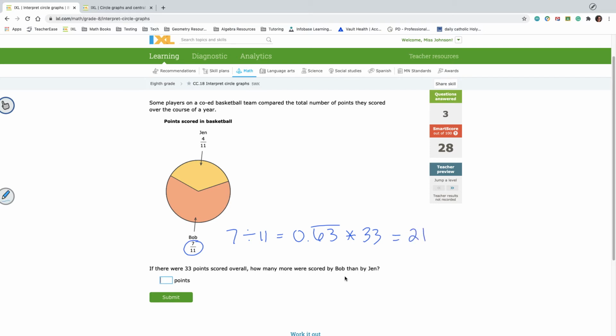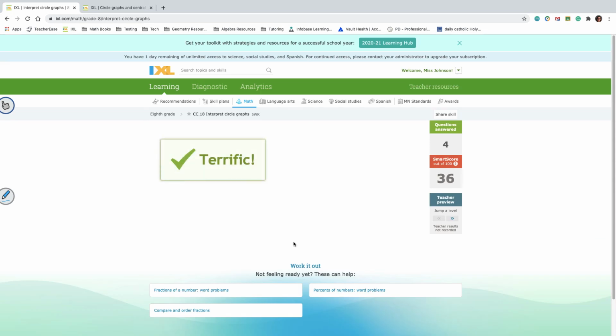So if Bob scored 21 points, 33 minus 21 gives me 12 points for Jen. Now I know how many each of them scored. How many more were scored by Bob than Jen? I would do 21 minus 12 to give me 9 more points. That was kind of a multi-step problem.